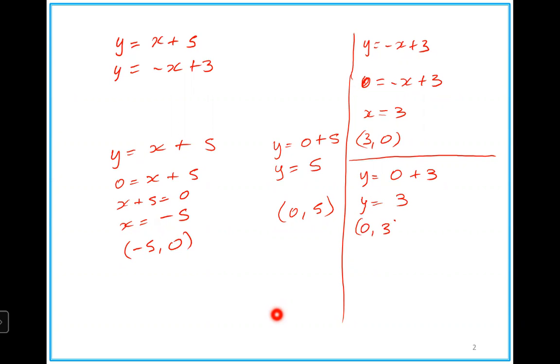That's when x is 0, y is 3. So for this other line, you would plot the point 3, 0 and 0, 3, drawing them together. And where this line meets the other line would be the solution for those two systems of equations.